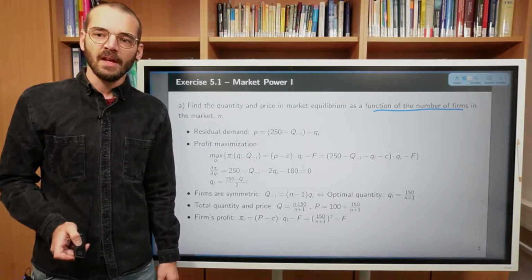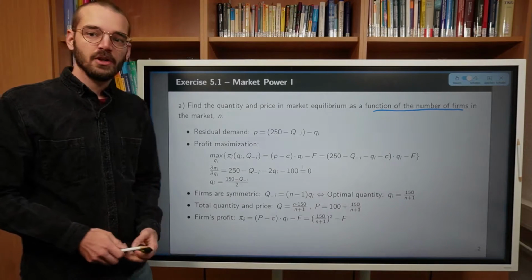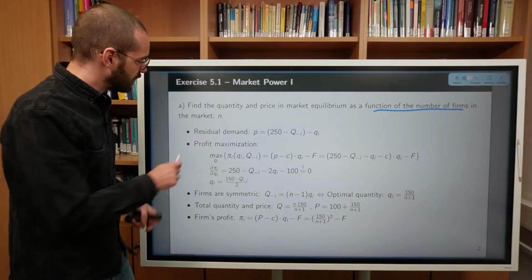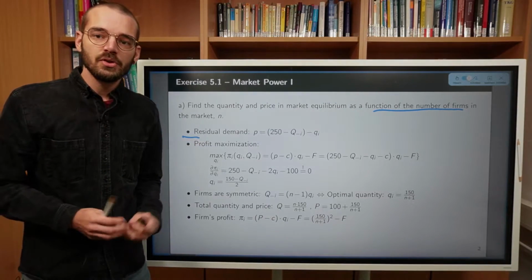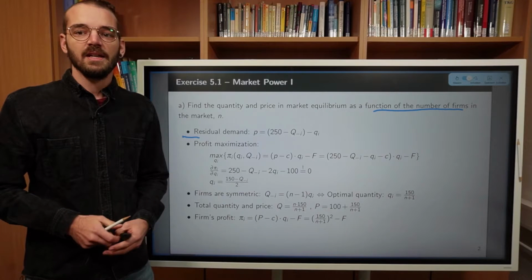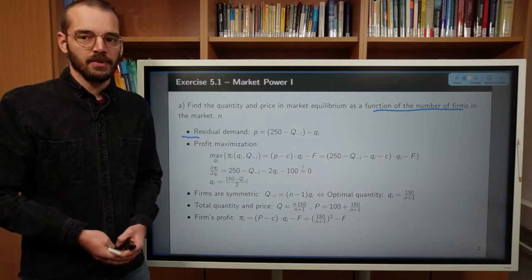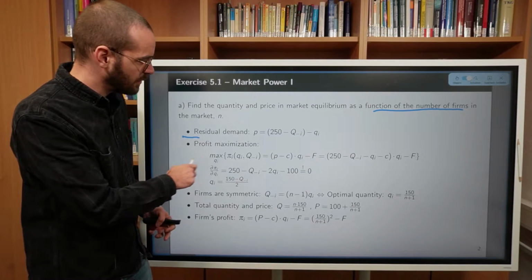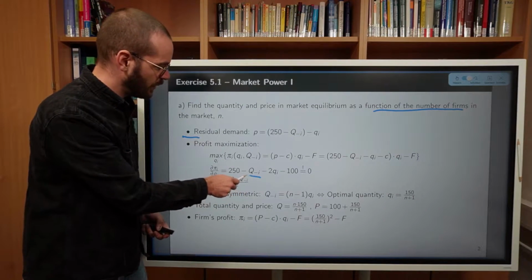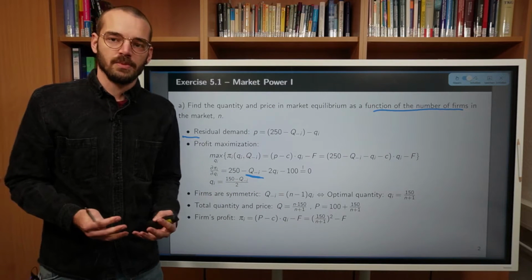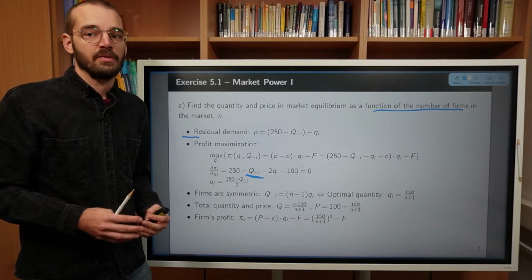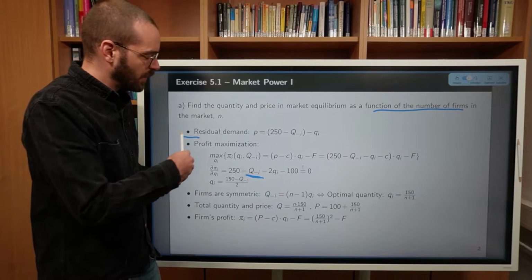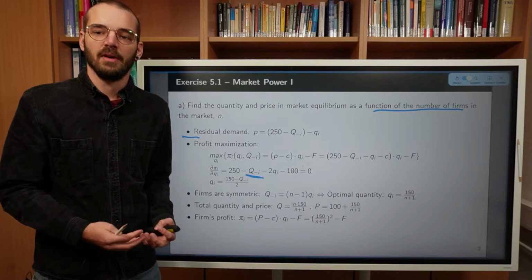Alright, and how do we come to the market equilibrium as a function of the number of firms? Well, we at first, of course, start with the usual profit maximization problem in the Cournot oligopoly. The only difference, of course, is that once we're at the point where we are substituting for the quantity that all other firms produce, so Q with an index of minus i, the quantity of all other firms, we can no longer plug in the number of all other firms.